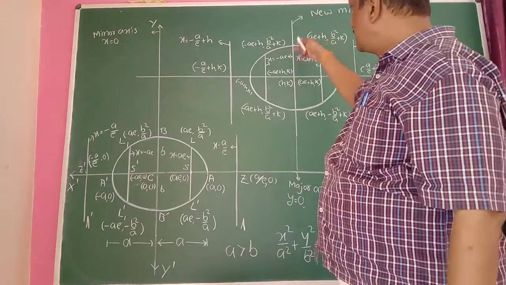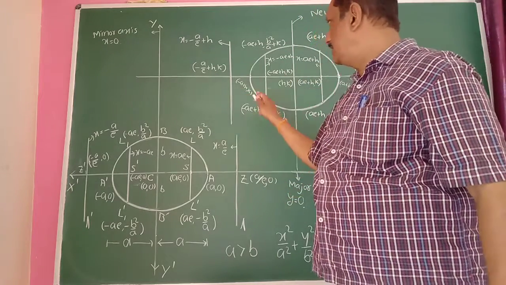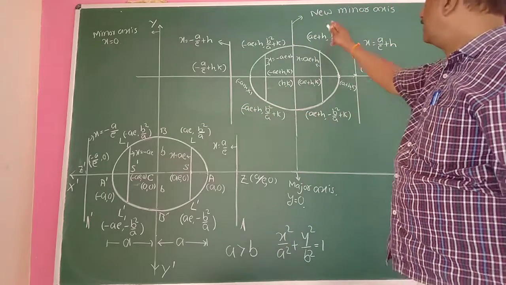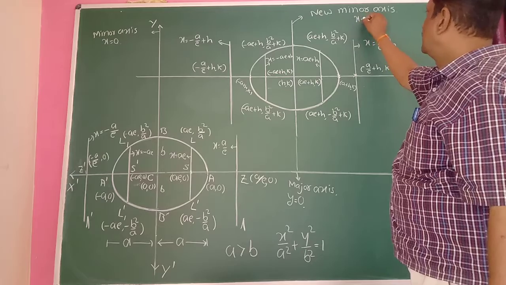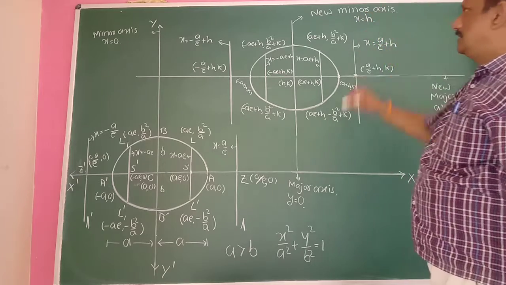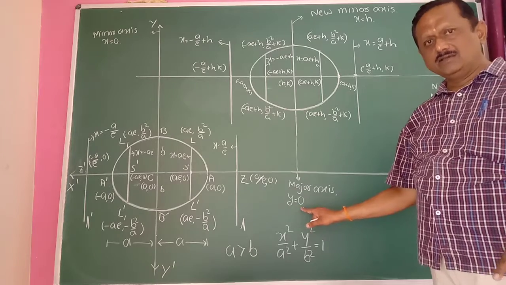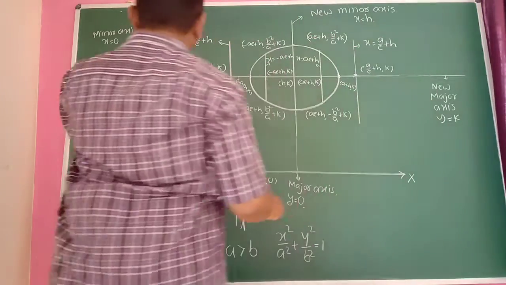Then this is the minor axis, at a distance of h units, so the equation of the minor axis becomes x is equal to h. Simple: where there is y, add k; where there is x, add h.